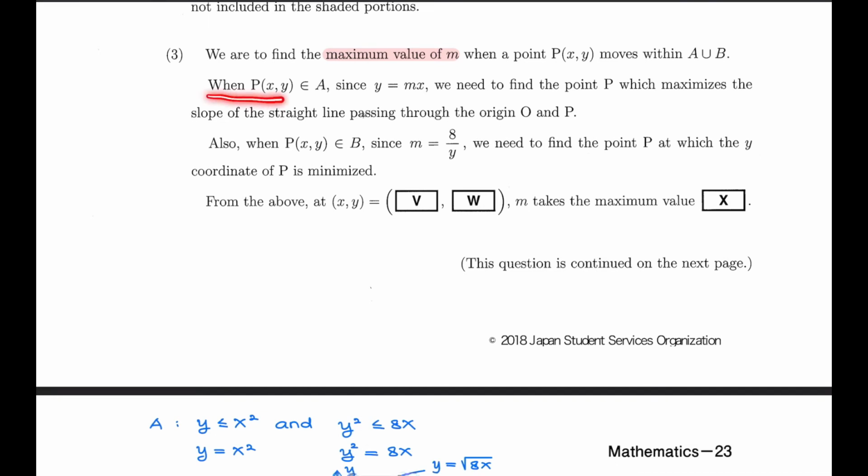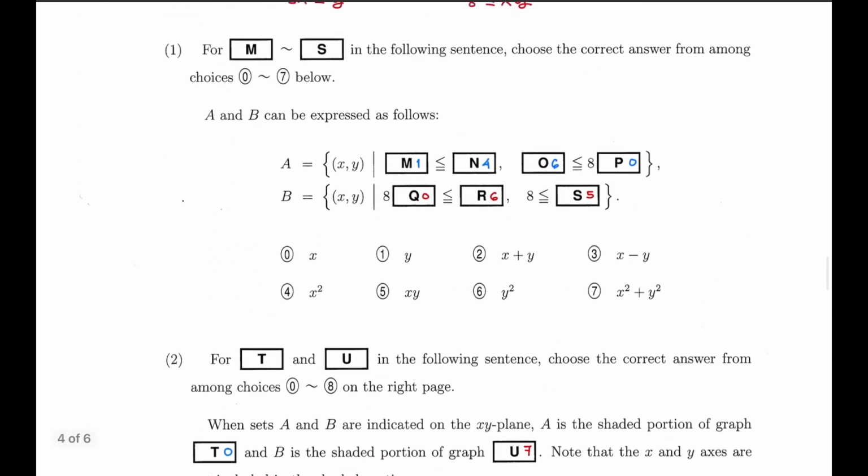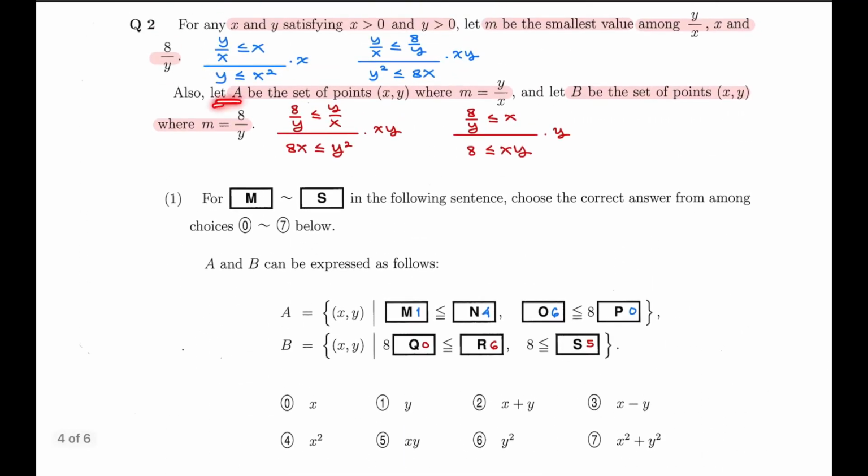When P is an element of A, that means P is in the region of A, y equals mx. Why do they say y equals mx? Because A is the set of points where m equals y over x, that means y equals mx.